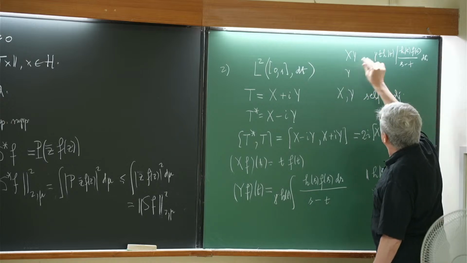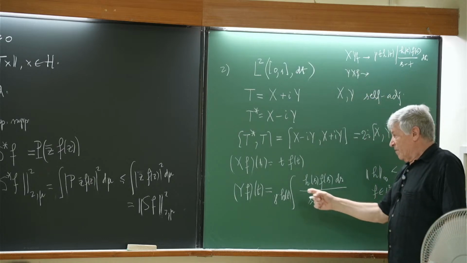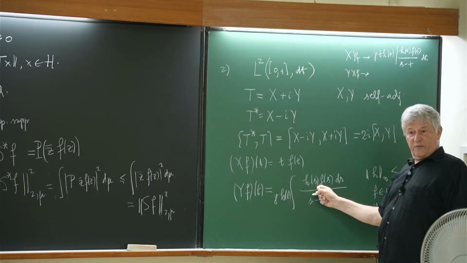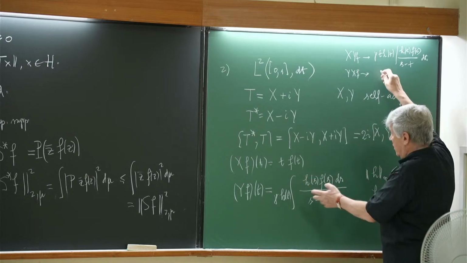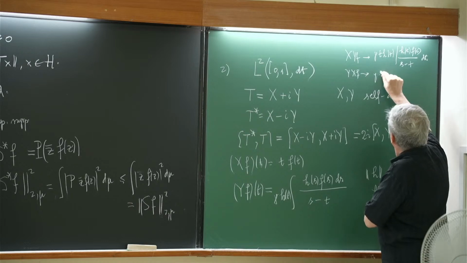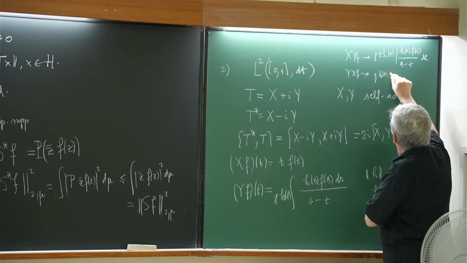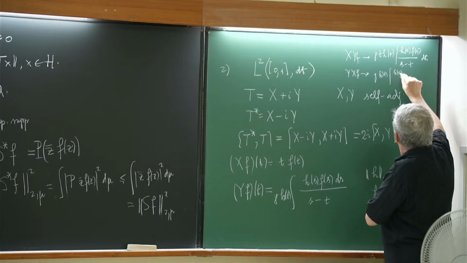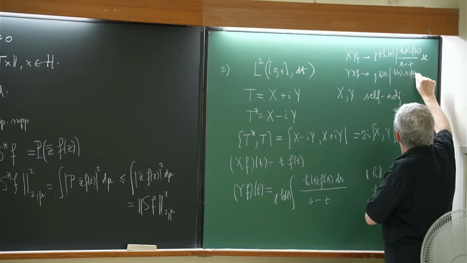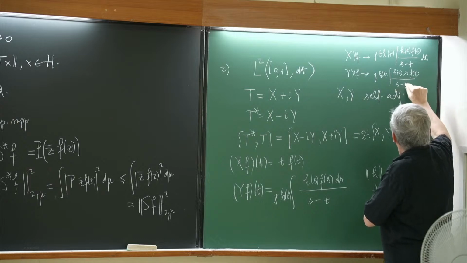What is yx? First I multiply f by the variable, and then I do the whole operation. So it's again gamma h of t, and I have h(s) s f(s) s minus t.